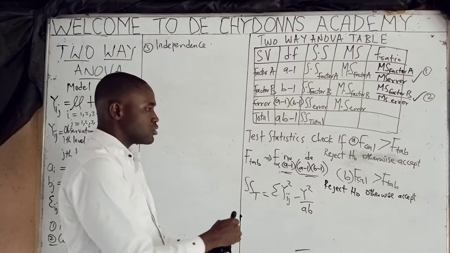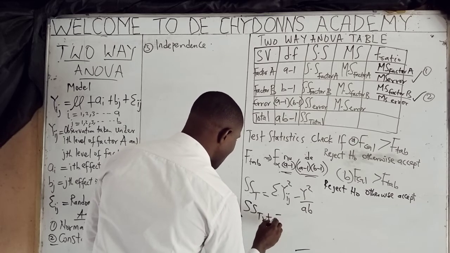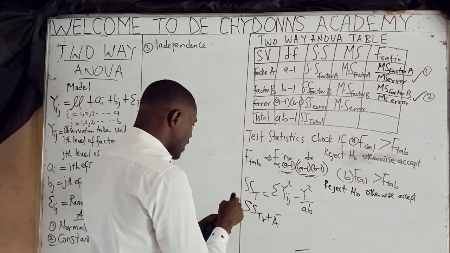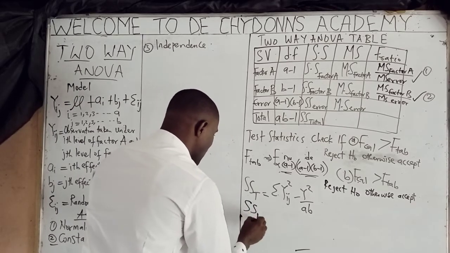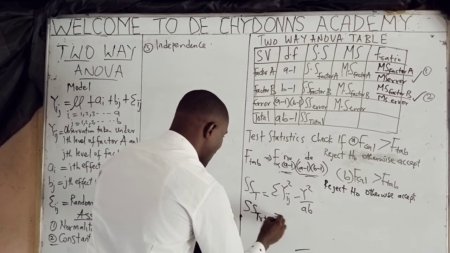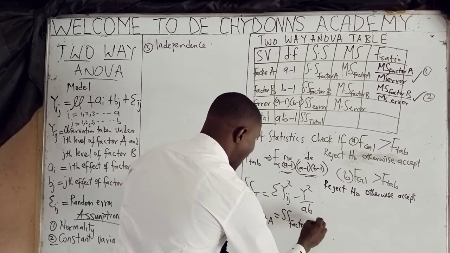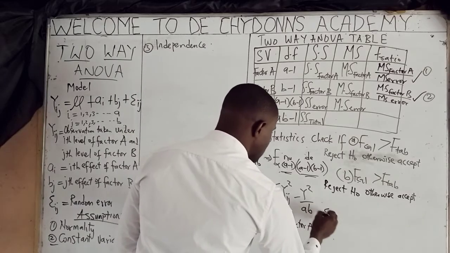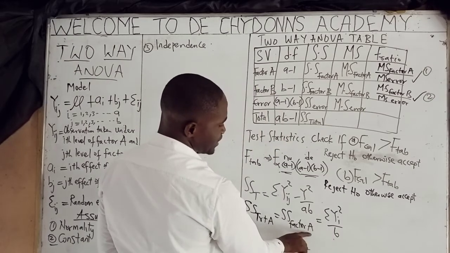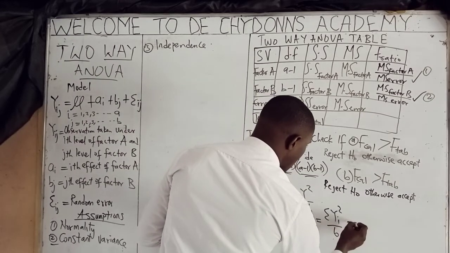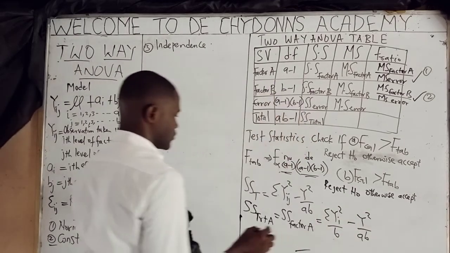Okay, we continue. What of SS treatment A? SS treatment A can be called SS factor A. And the formula for it is summation of yi squared all over b, since here is A, you write b here, minus y squared all over ab.